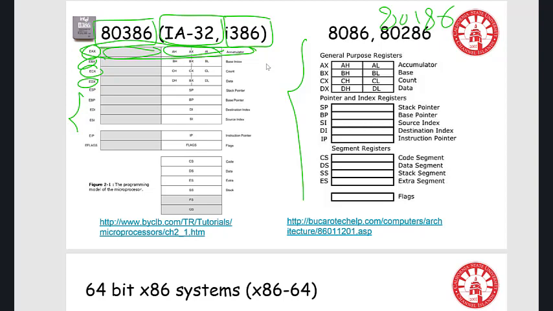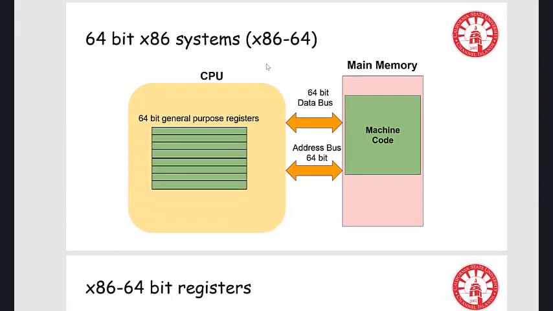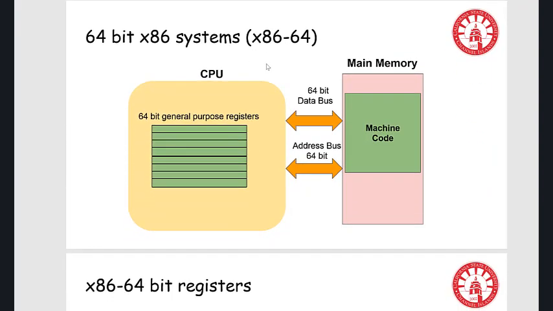All right, in this course, we will be dealing with the 32-bit length registers, or focusing on x86 with 32-bit length registers. So the 64-bit register family, 64-bit hardware architecture, also exists in the Intel family.